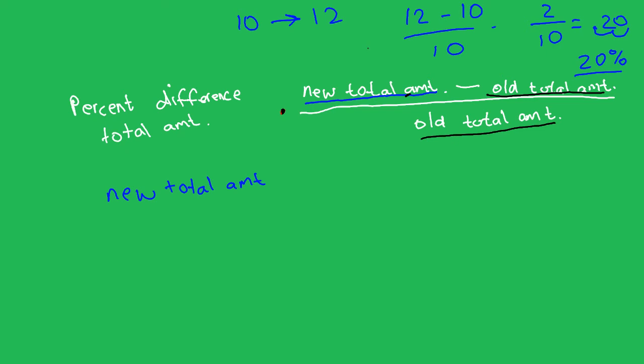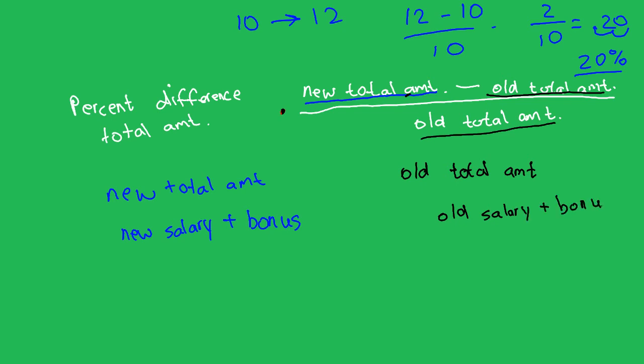So this would be his new salary, and we don't have to write new bonus. It's just bonus because the bonus stays the same. So that's the new total amount. Now the old total amount, if we want an expression in words for that, would be the same thing except his old salary instead of new salary. So hopefully this is making sense to you here.